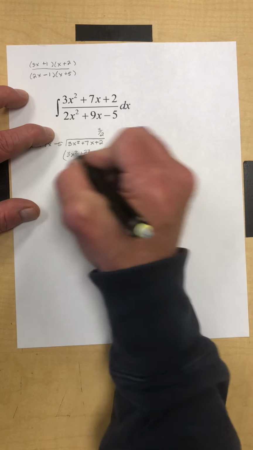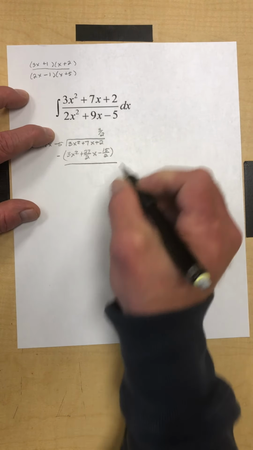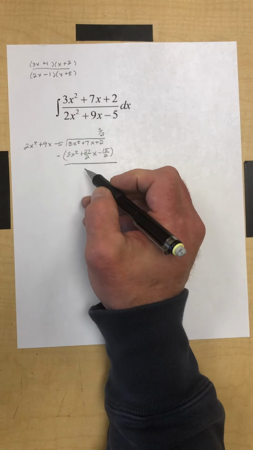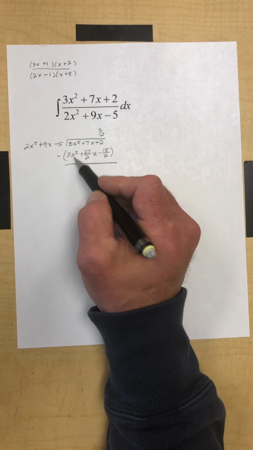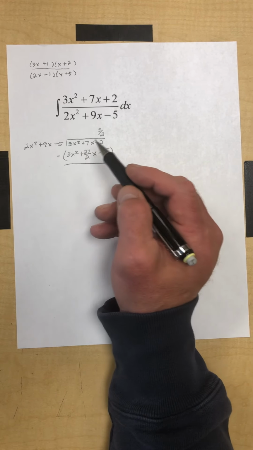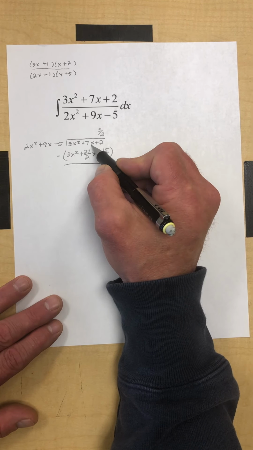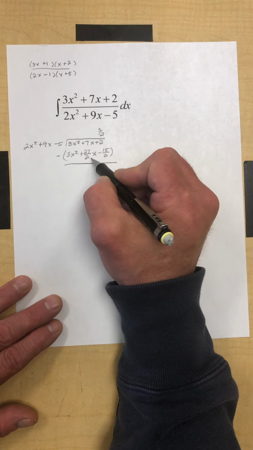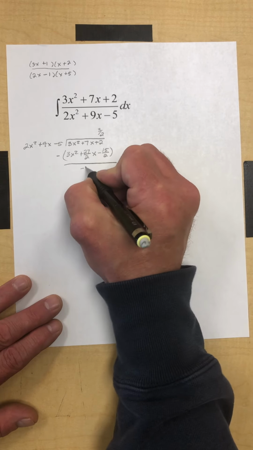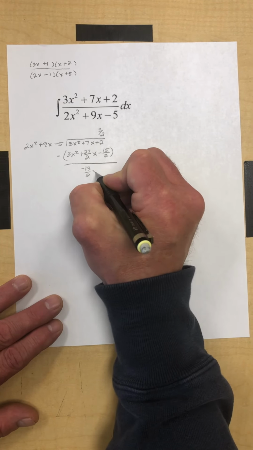And then we got to subtract everything. Obviously, this guy goes away. This would be 14 halves minus 27 halves, so that'd be a negative 13 halves x.